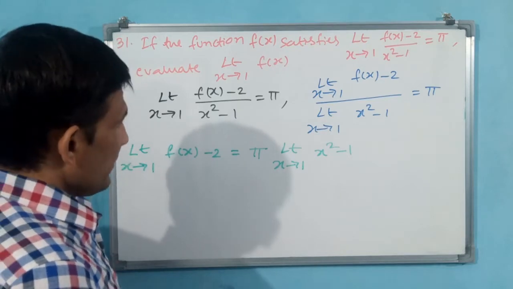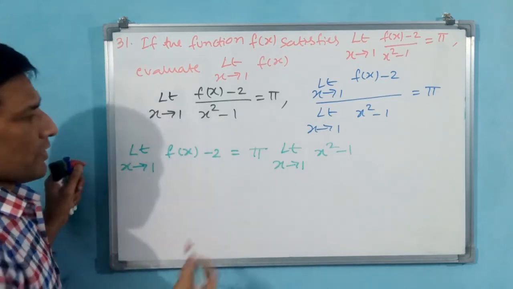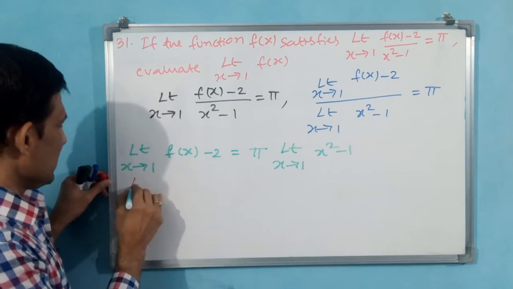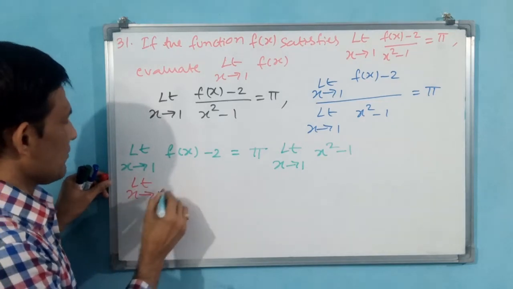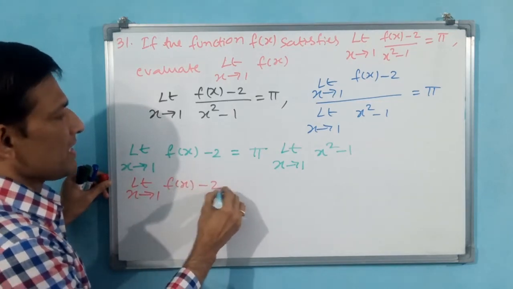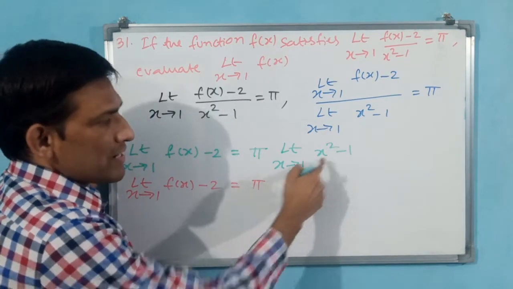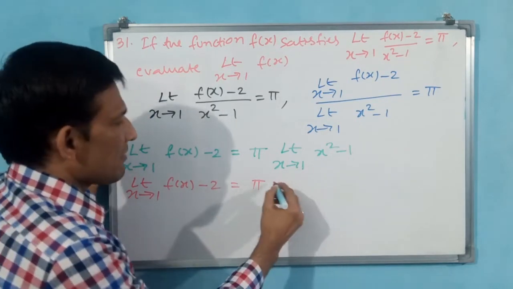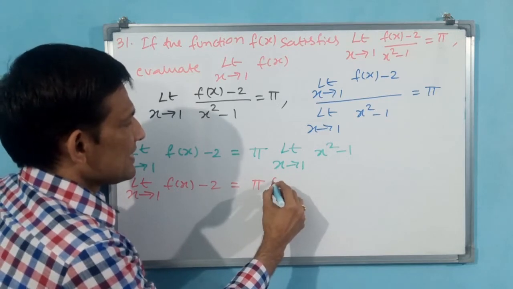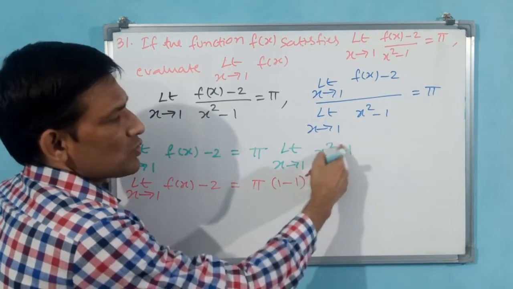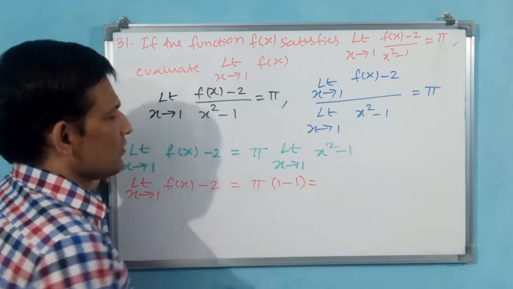Okay, now you see what will happen. This will be like this only: limit x tends to 1 of f of x minus 2. But now pi into, you send 1. If you send 1, what will happen? 1 square is 1, 1 minus 1, that means 0.